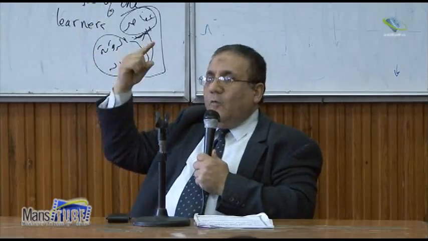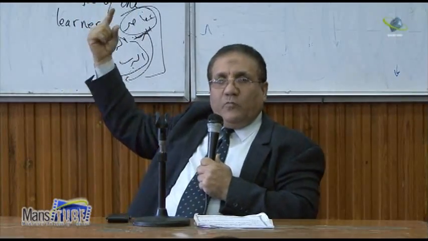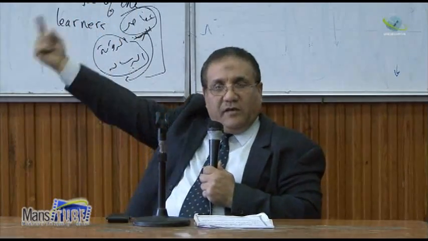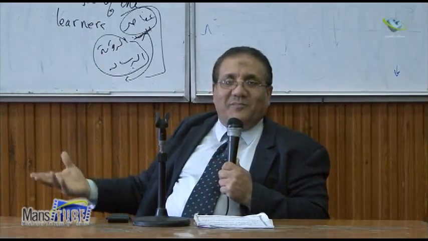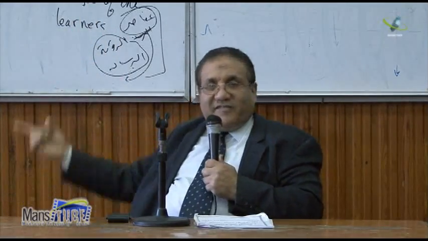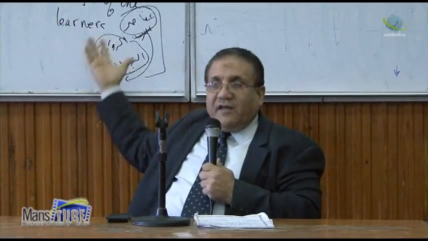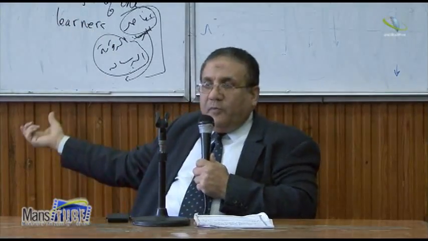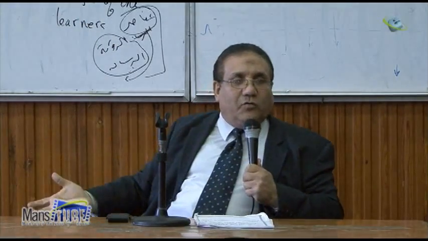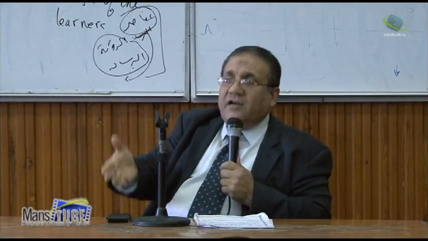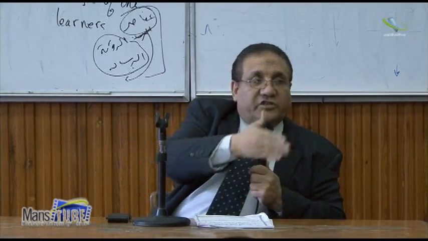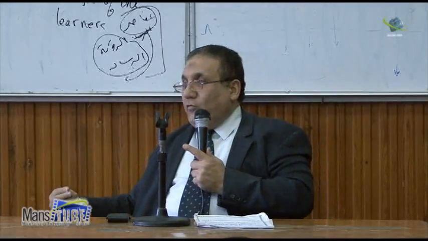And you show them one book, many books. One window, many windows. One door, many doors. One boy, many boys. And you tell them, so what do you notice? This is one thing, and this is many. What happened? In this group, we added S. So what's the rule? We add S or ES to the singular to make it plural in the English language. So they come up with the rule.